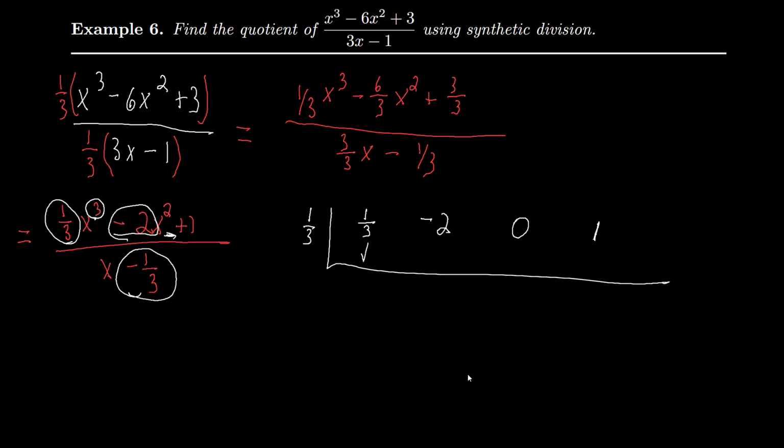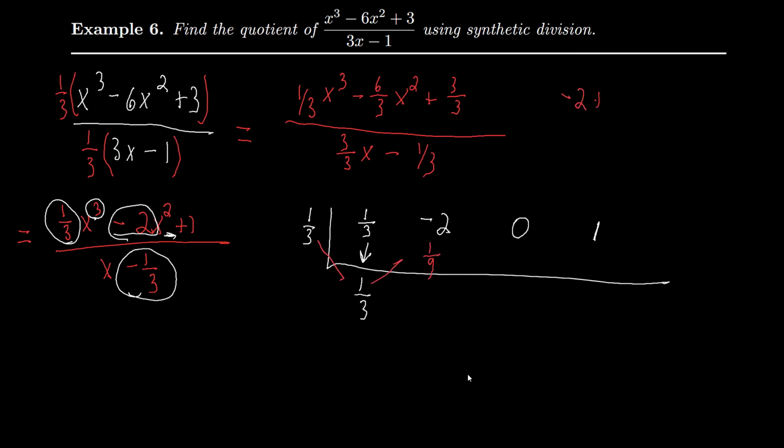So to finish the algorithm setup, we just bring down a 1/3, and now we start with some horrendous math. It's not the hardest thing in the universe to do, but man, is it tedious. But we can do it. So 1/3 times 1/3 is 1/9. Then we do minus 2 plus 1/9.